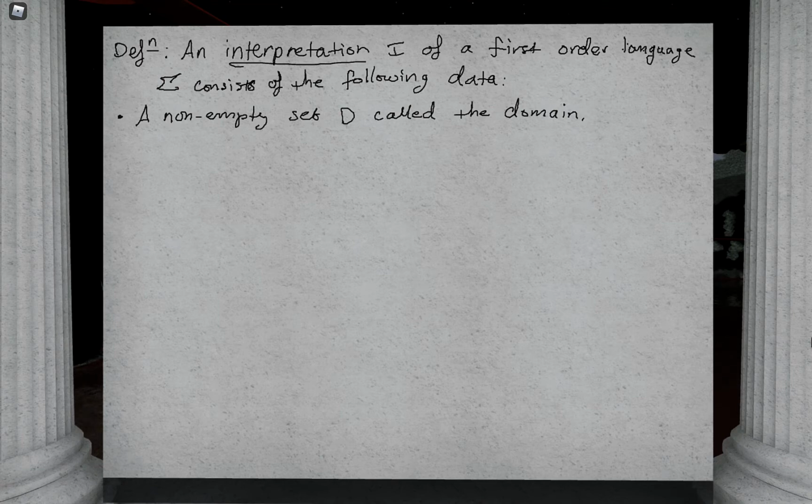I'm only saying one non-empty set here, because for simplicity, I built this lecture around considering the special case where our first order language only consists of a single sort. So let me make a note about that.